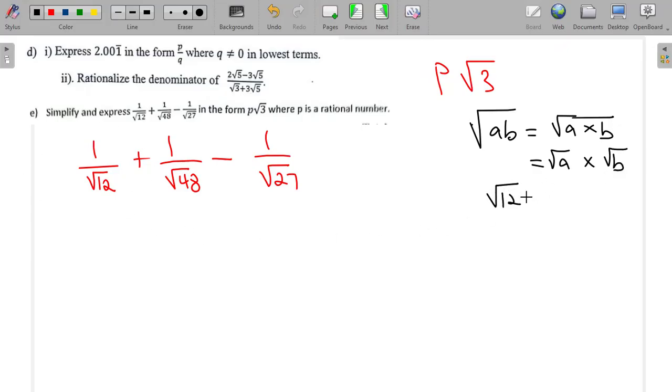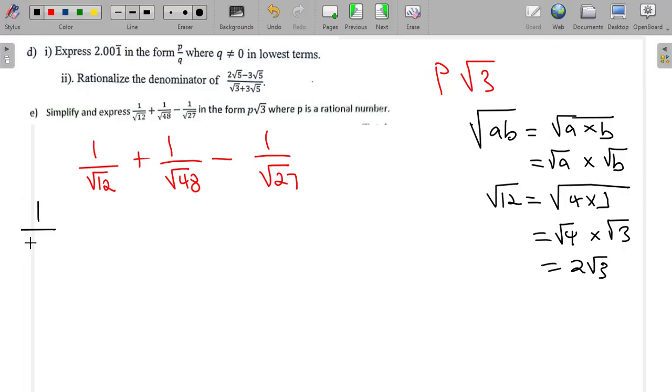Root of 12, I know, is root of 4 multiplied by 3. So it will be root of 4 multiplied by the root of 3. Root of 4 is 2. So where there's root of 12, I put 2 root of 3.